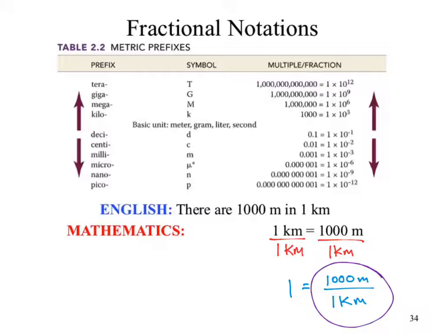What is this now? A ratio, and in particular, this is a ratio that we can use to convert meters and kilometers. So if, for instance, I gave you 3.2 kilometers, and I wanted you to convert that into meters.